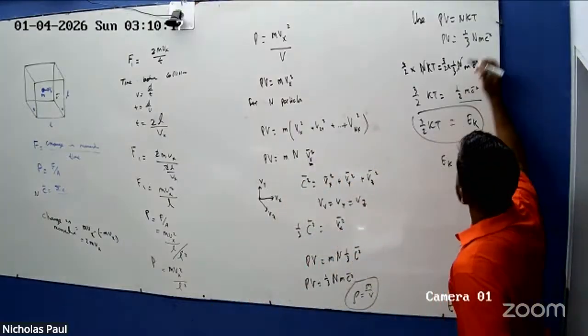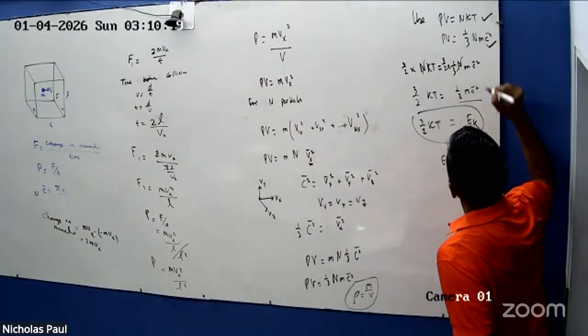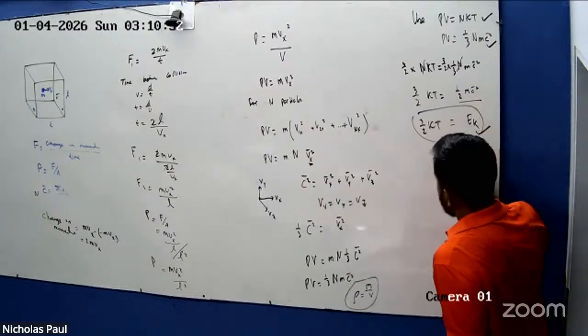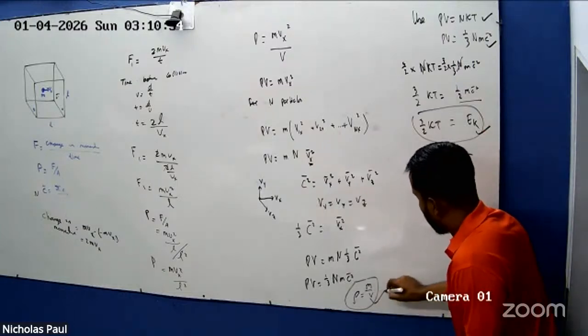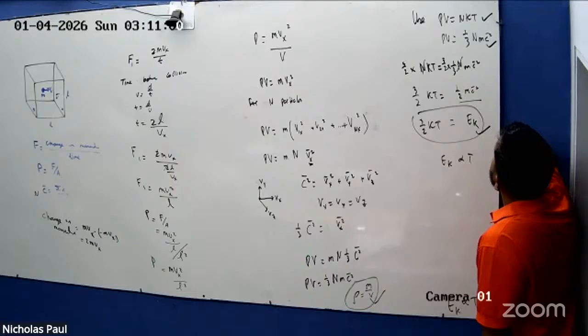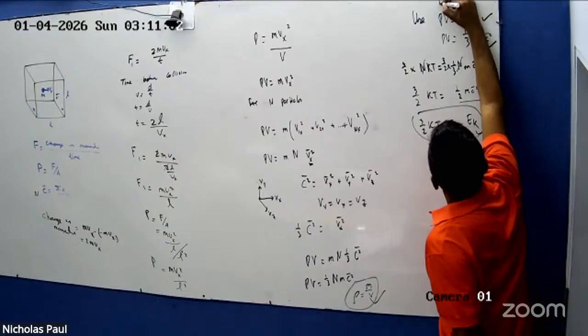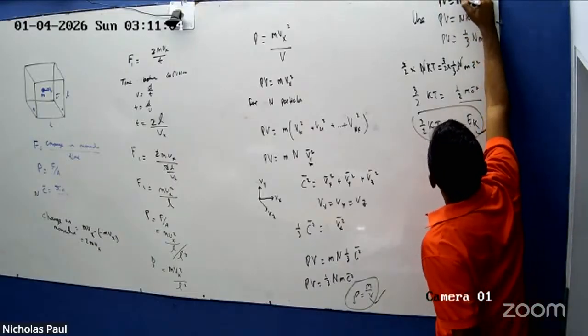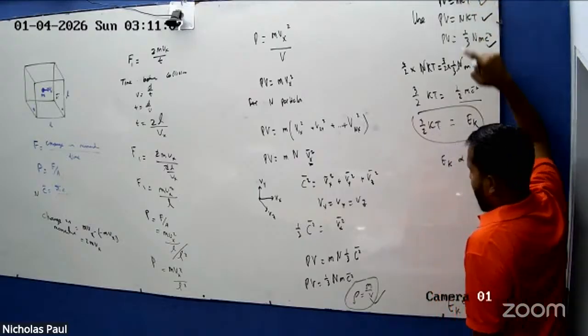So you have this one, 2, 3, 4. PV is equal to nRT. That's 1, 2, 3, 4, 5.